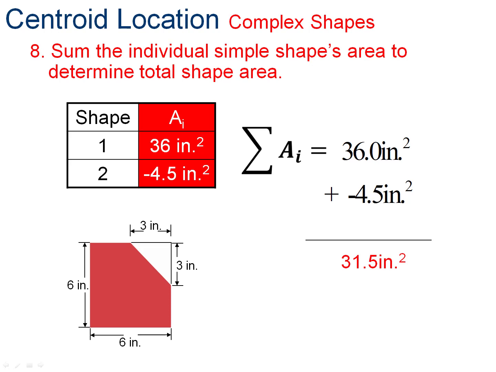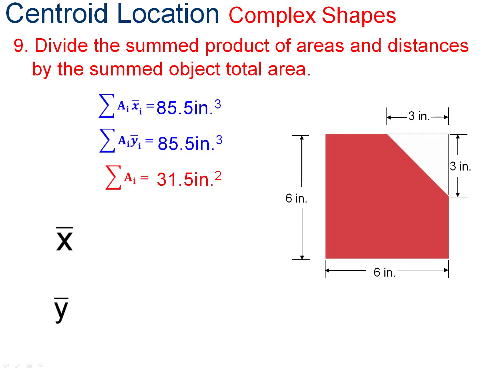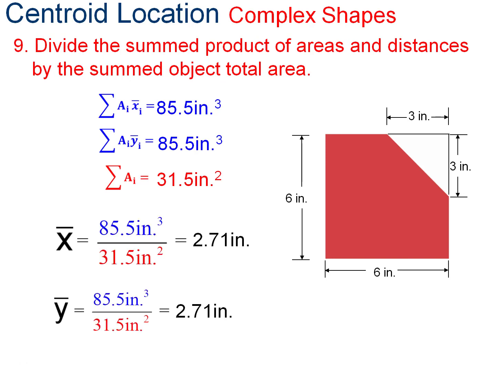Step 8, sum the individual areas. Again, negative area because we're subtracting the triangle away. 31.5 square inches. Divide the summed product areas and distances by the summed total object area. And I get the same answer, 2.71 inches.